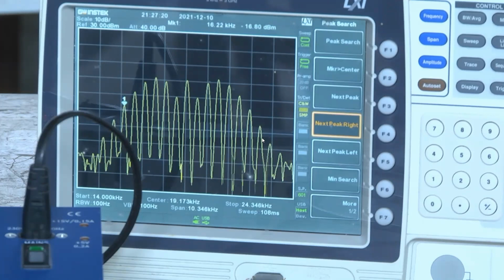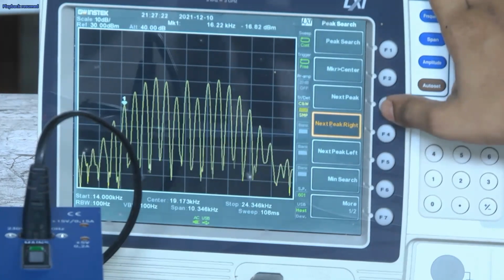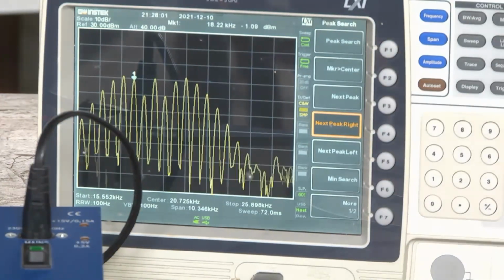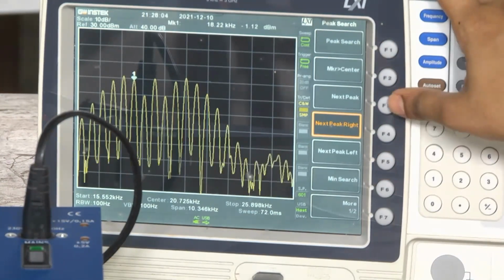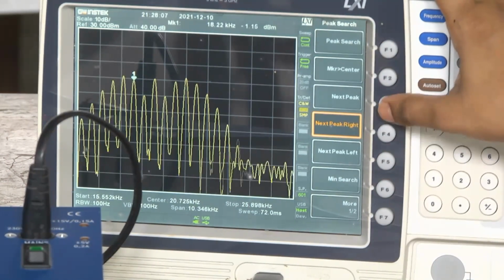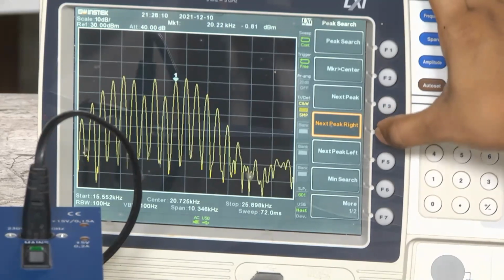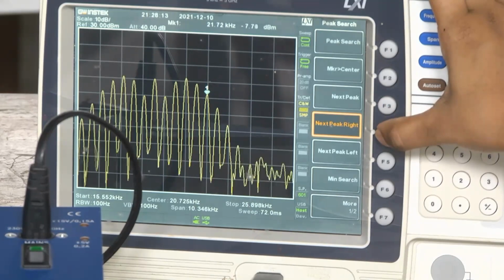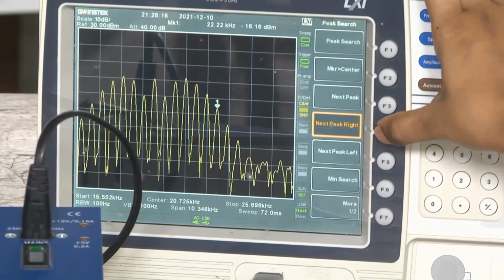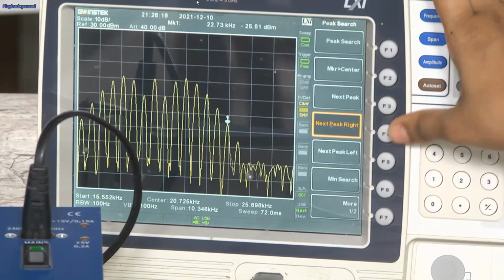Okay, so here you can note down this as the minimum frequency. Let's see what is the maximum frequency. Here you can see that this is minus 25. That is lesser than minus 20, which means this can be considered as noise. So we are not considering this frequency value.